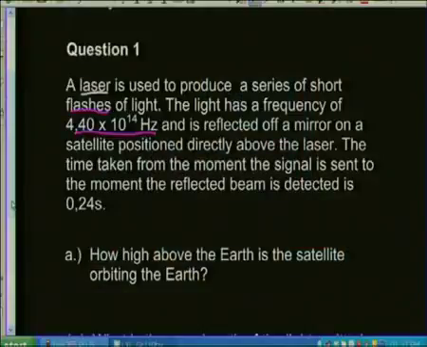So what are we told? It is reflected off a mirror on a satellite positioned directly above the laser. Now, the time taken from the moment the signal is sent to the moment that the reflected beam is detected is 0,24 seconds. So here's our scenario. We're on Earth, and we've got this little laser that it pulses. So we can tell the different lengths of pulses to identify a particular pulse.